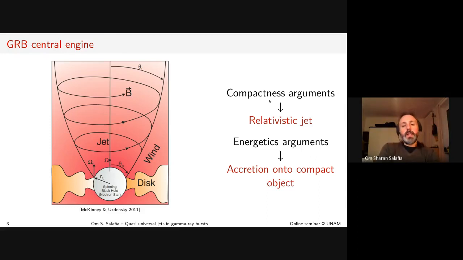And so this leads to the idea that the outflows producing gamma ray bursts must be relativistic jets, and their huge energy also points to a very efficient mechanism of energy conversion, of which the only reasonable candidate is supercritical accretion onto a compact object, maybe a black hole or a neutron star.